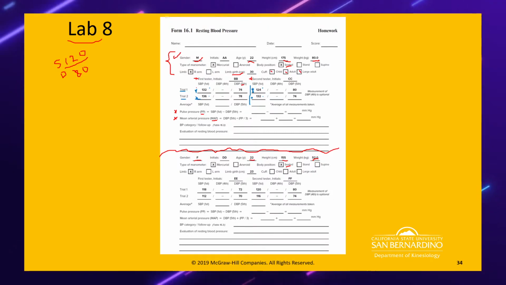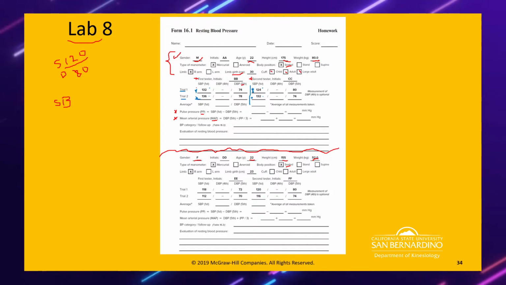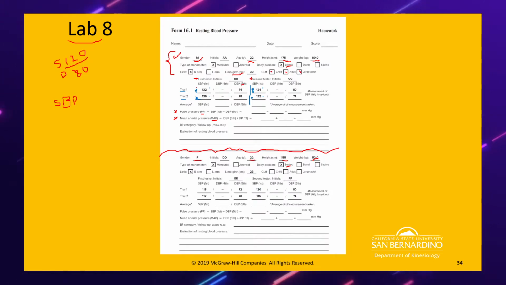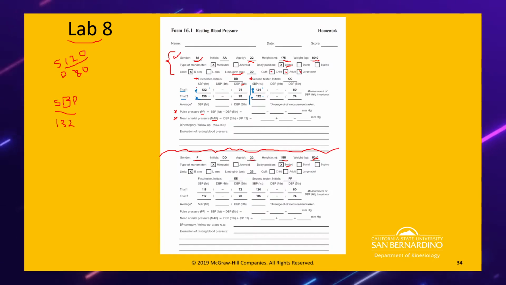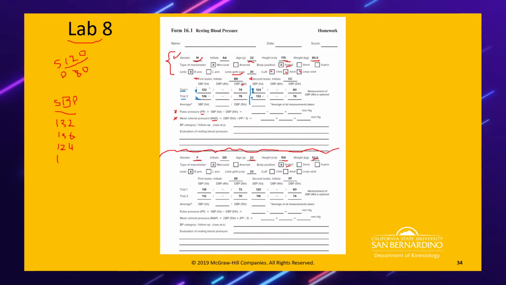So for our systolic blood pressure, we need to get the average, which means we have to add the 4 numbers up: 132, 136, 124, 132.